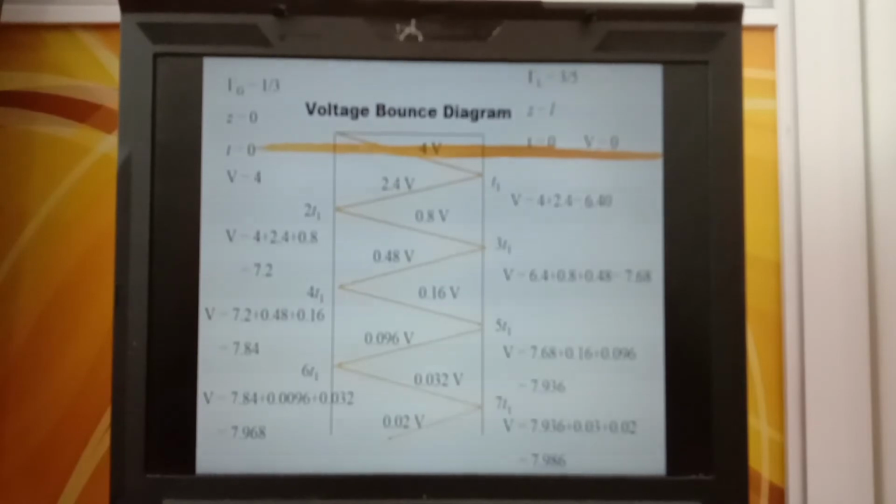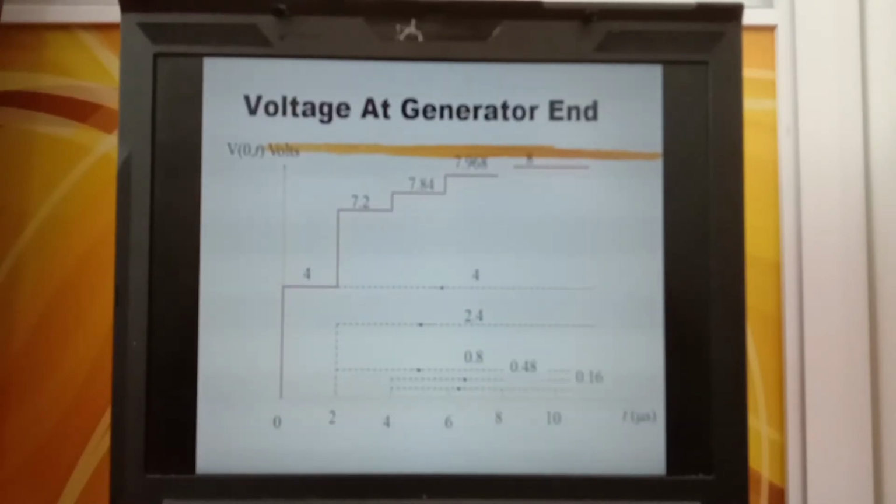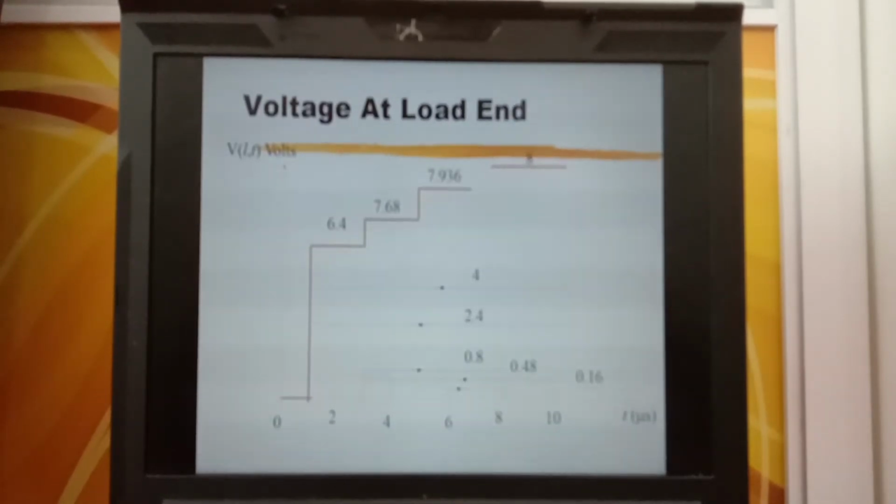At time t1, we get a voltage of 6.4 volt, and then at 3t1 we get 7.68 volt. At 5t1 we get 7.936 volt, and at 7t1 we get 7.986 volt.